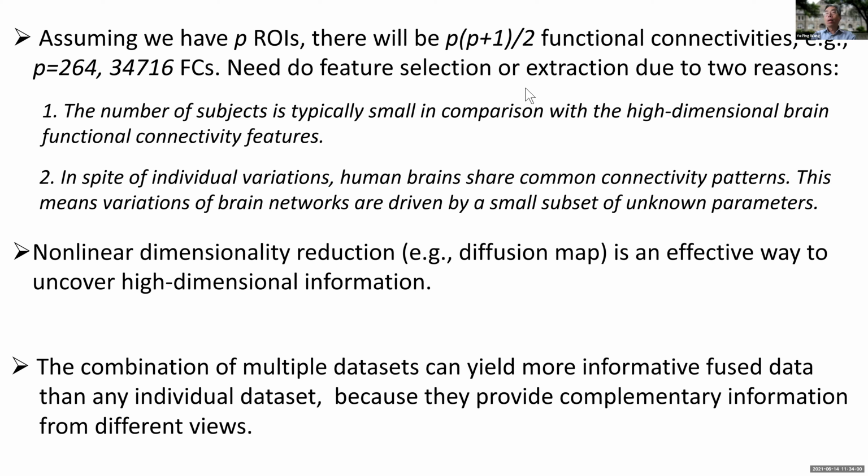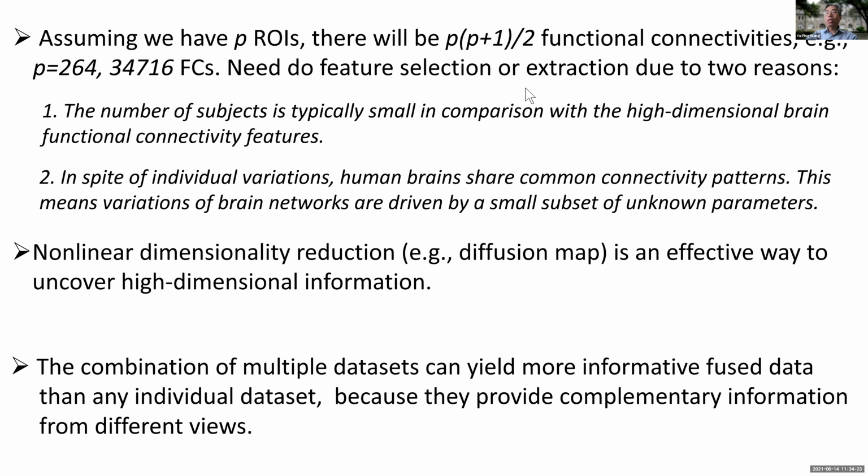Before we apply the functional connectivity analysis, we need to perform feature selection, because the number of subjects is usually small when compared with the high-dimensional brain functional connectivity network.